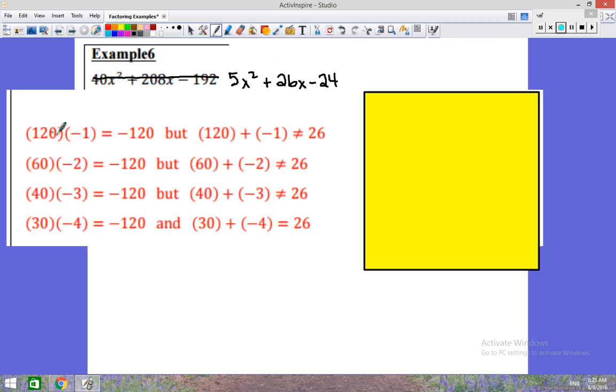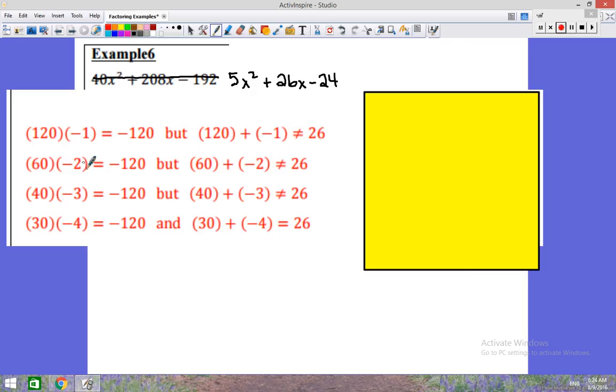So I know that if this is going to work out, 1 is smaller than 120, so 1 would have to be the negative value, and 120 would have to be the positive, because that middle term is positive. So I multiply those together, and hey, I found two numbers that multiply together to give me negative 120. But the problem is, when I add these together, that sum is not 26.